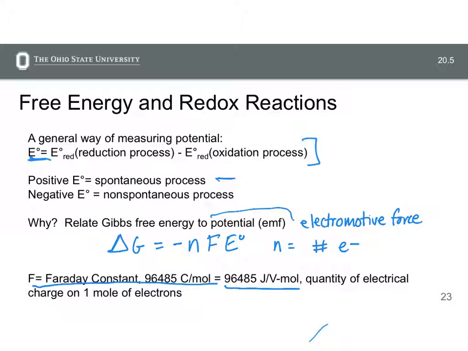And that's the quantity of electrical charge on 1 mole of electrons. So n is actually a mole of electrons, but the number of electrons transferred in a reaction. And you can see that if our cell potential, or our standard potential, is a positive value, we're going to have a negative value for our delta G, which is a spontaneous process. Okay.